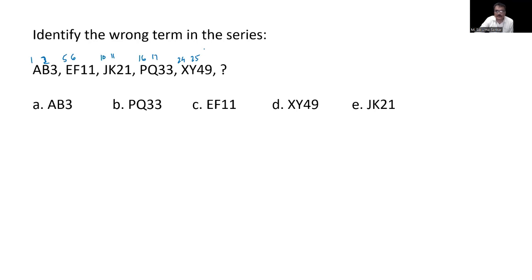Next, 1 plus 2 equals 3, 5 plus 6 equals 11, 10 plus 11 equals 21, 16 plus 17 equals 33, and 24 plus 25 is 49. So, how to satisfy the condition? All the letter and number combinations are correct.